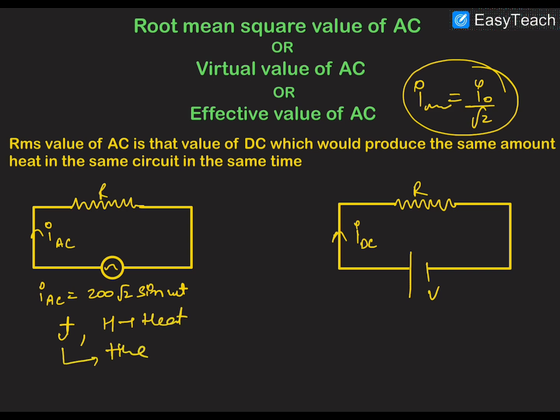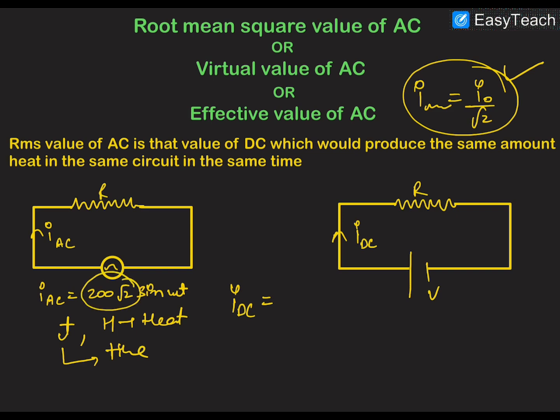So in time T it produces a heat of H in this circuit. I am wondering how much DC current I should take in the same circuit so that it may produce the same amount of heat in the same time. This value of DC which would produce the same amount of heat in the same circuit in the same time would be the RMS value of AC, and as we have discussed already, the RMS value of AC will be I naught by root 2.